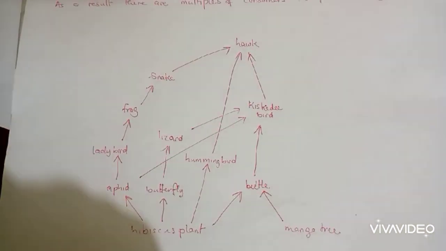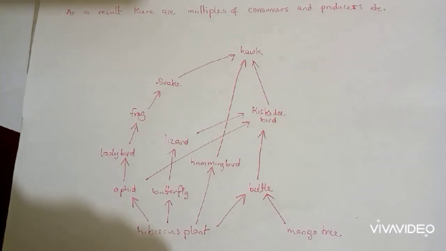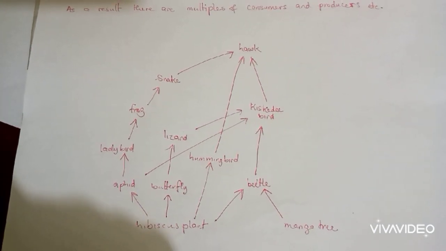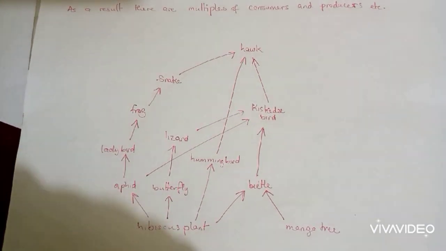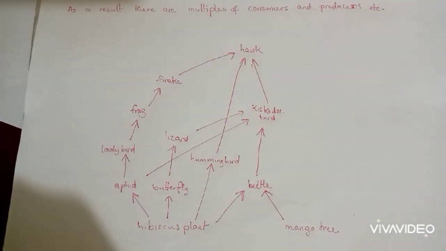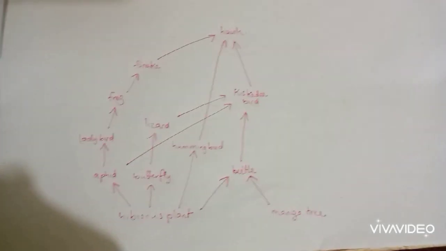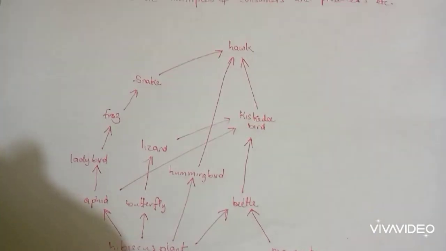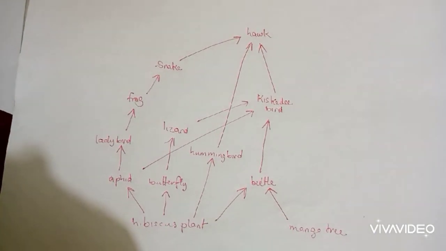So the food web gives you a better representation of the relationship that the organisms have in an ecosystem.